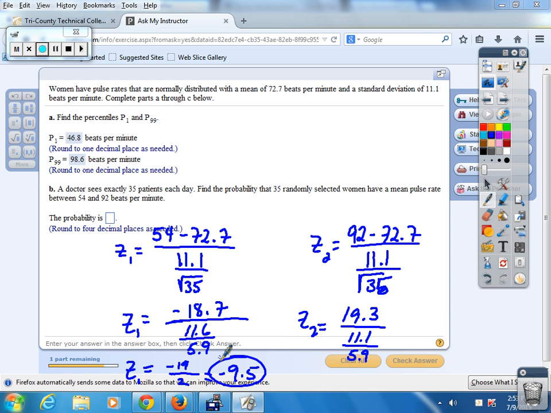And then this is going to be 19 divided by, well, technically that's not 2. Why did I get 11.1? Is it 11.1 or 11.6? I did it again, changing my numbers. Sorry. Well, then it's not going to be divided by 2.